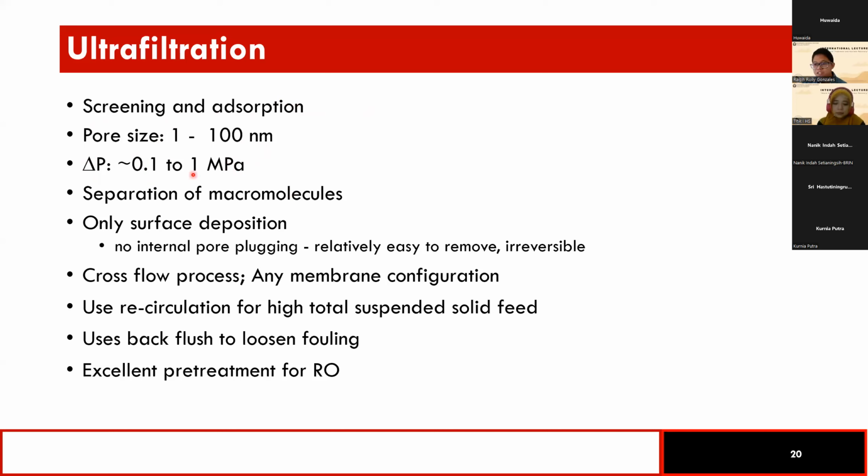So this involves 0.1 to 1 megapascal, or that's around 1 to 10 bar of operation. So what ultrafiltration does is it separates macromolecules. And because of this, some of the materials can be deposited on the surface. However, there is no internal pore plugging, thus it can be easily removed and reversible.